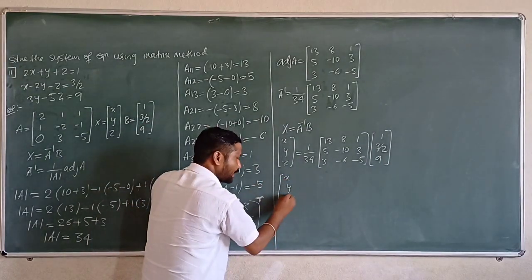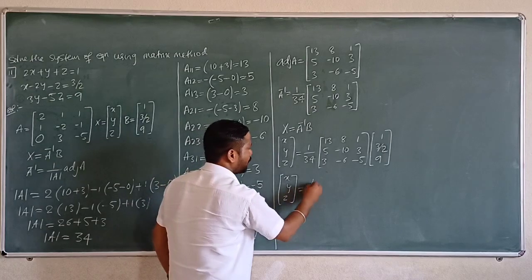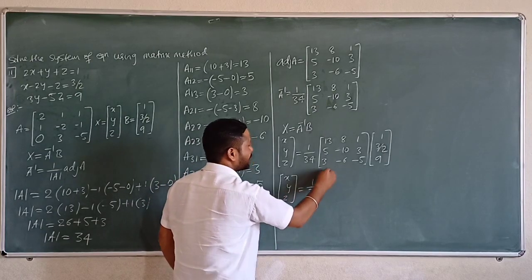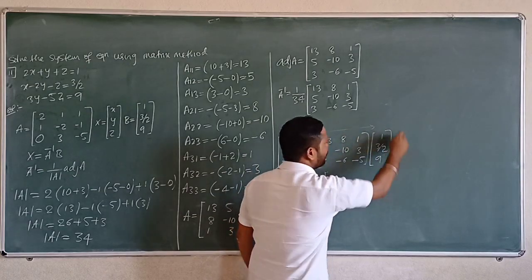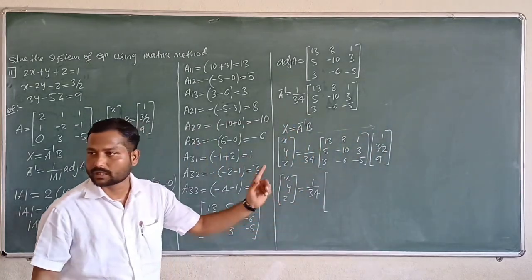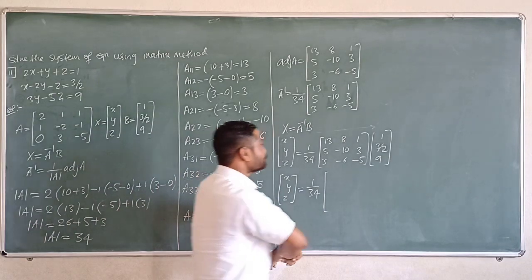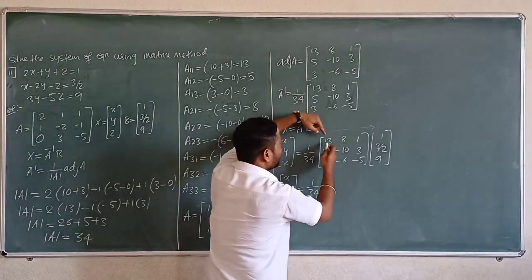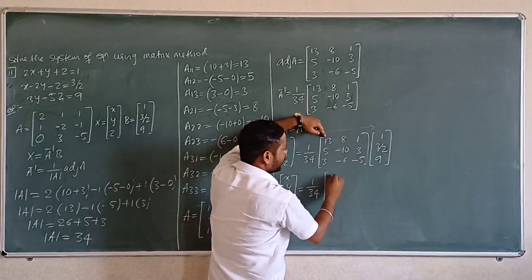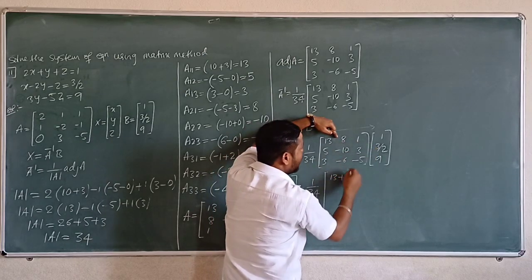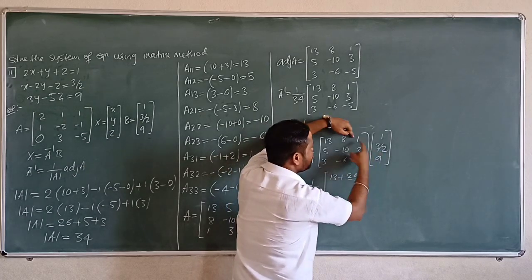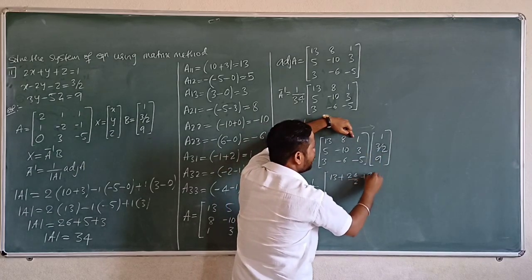X, Y, Z is equal to 1 divided by 34 into, now multiply the first row with the first column, second row, third row. Then the answer becomes 13 ones are 13, plus 8 threes are 24 divided by 2, plus 1 nines are 9.